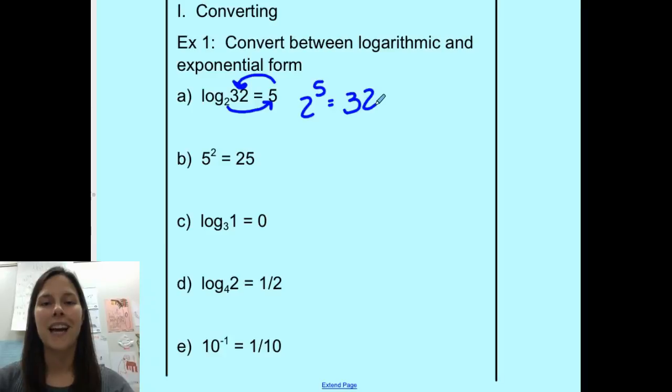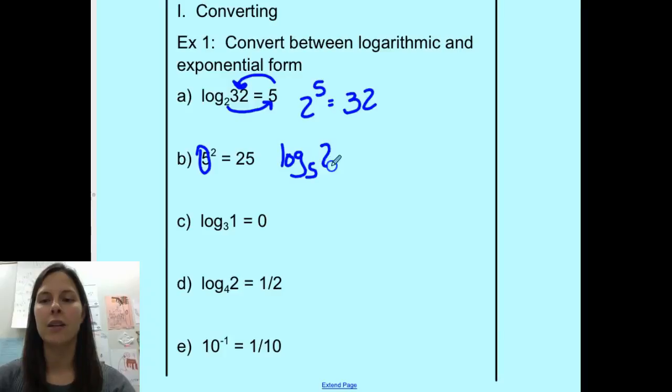Our next one is in exponential form. The base of the exponent becomes the base of the log, and then the answer and the exponent switch. So the answer becomes what you're taking the log of, and the exponent is the answer. You can always check with that curly law, 5 to the 2nd power equals 25.